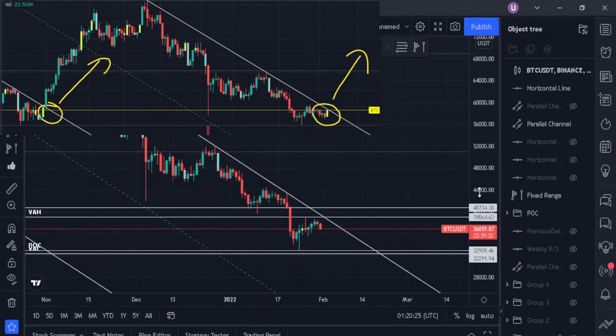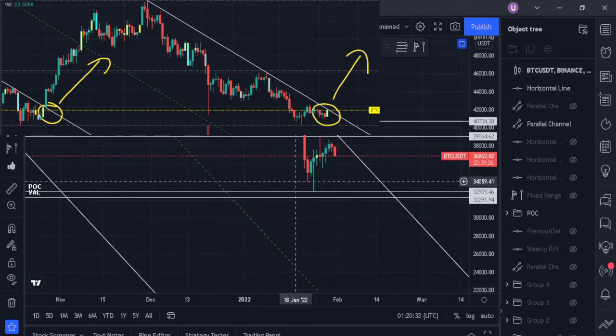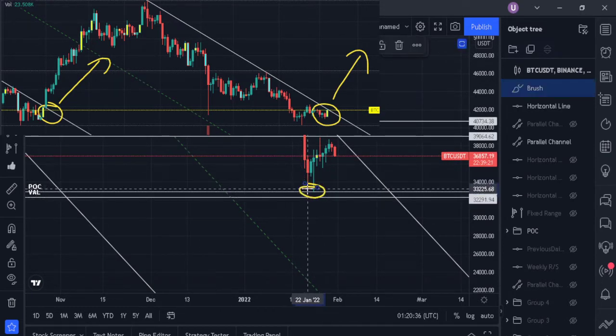Where did we bounce? Look at that. Look how beautiful that was. Exactly to the dollar. $32,950, depends on your exchange.